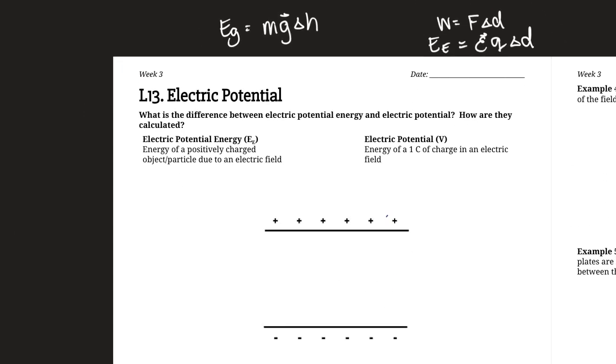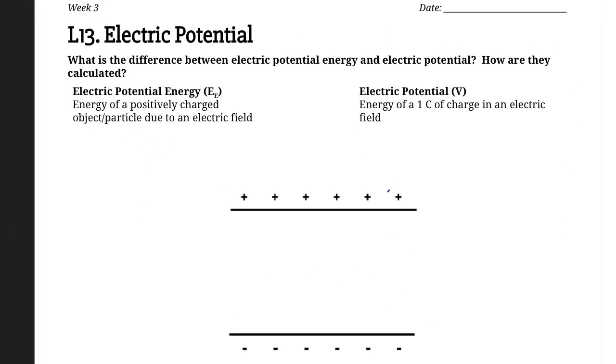So going down here, this is what we summarized above, but let's summarize it a little bit nicer now. In this case, we have a positive plate and a negative plate. So the field is going to be going in this direction, right? And if we have a positively charged particle here, it's going to have some electric potential energy.